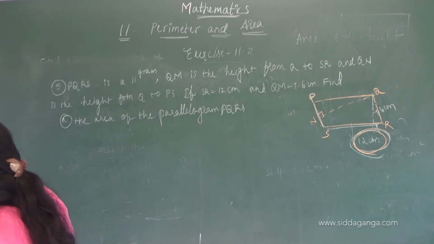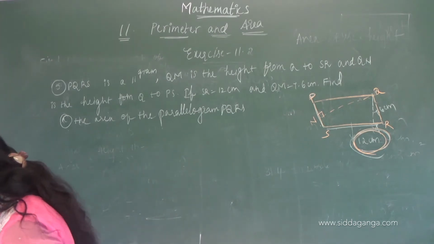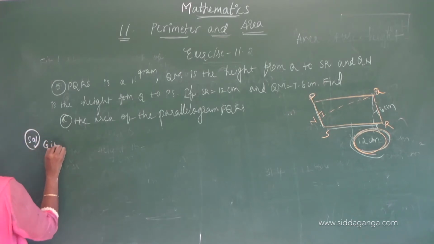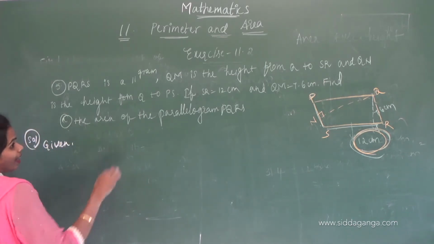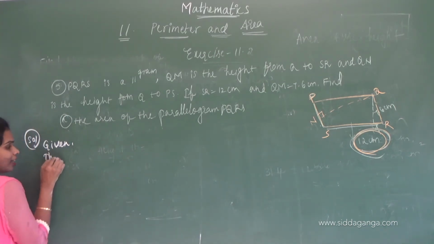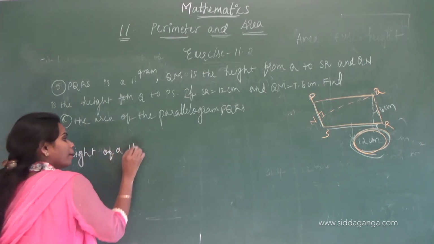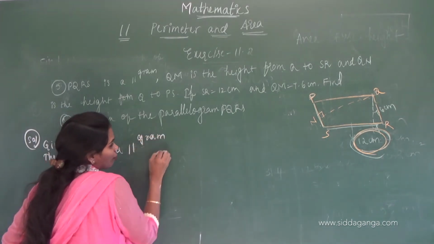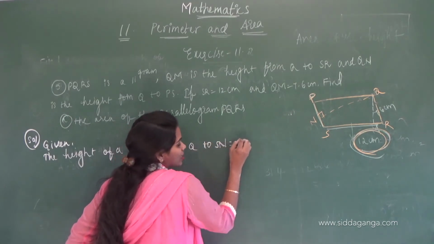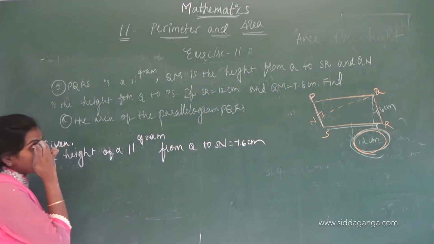Given: the height of a parallelogram from Q to SR is 7.6 centimeters.